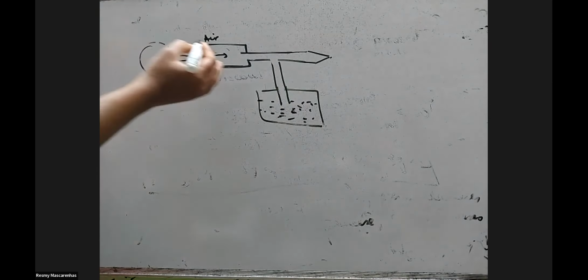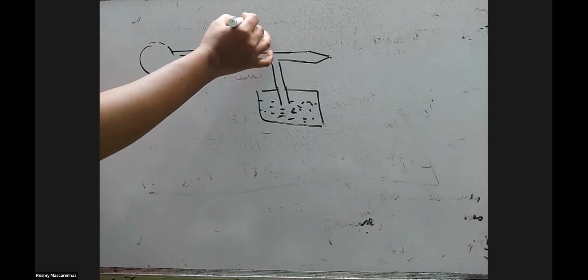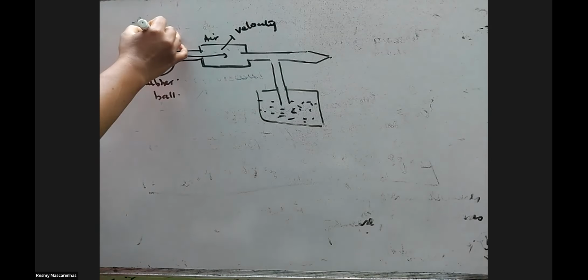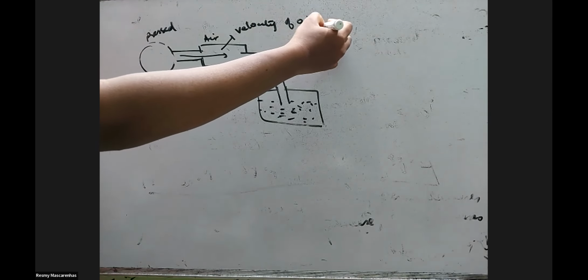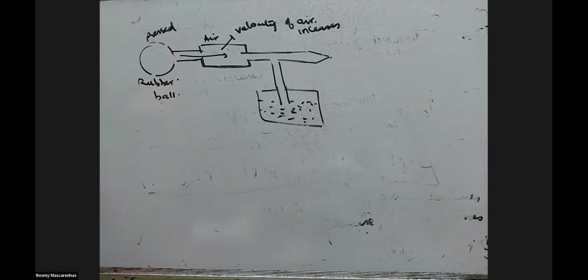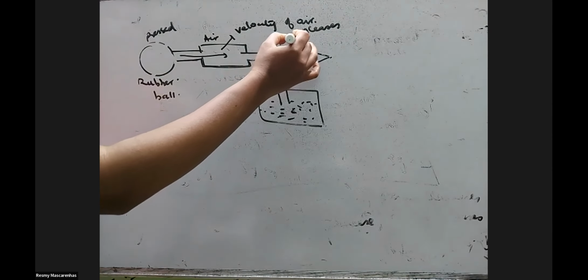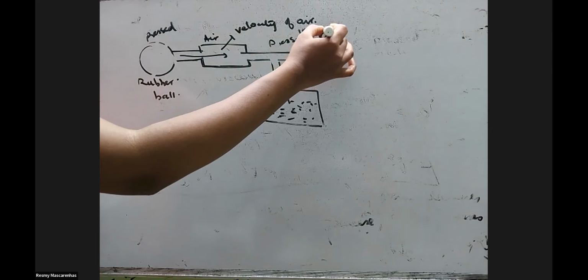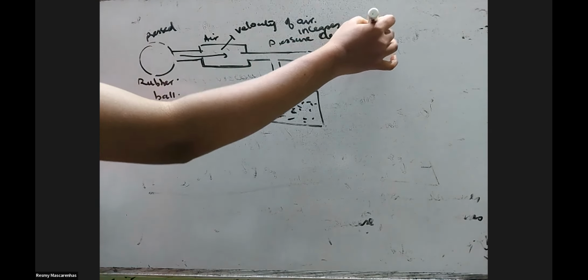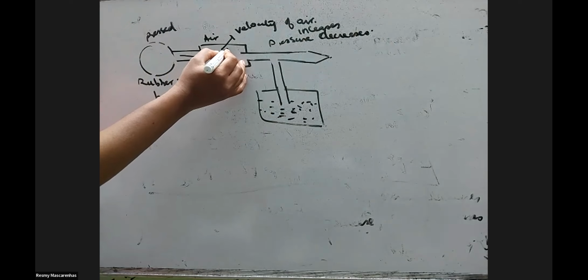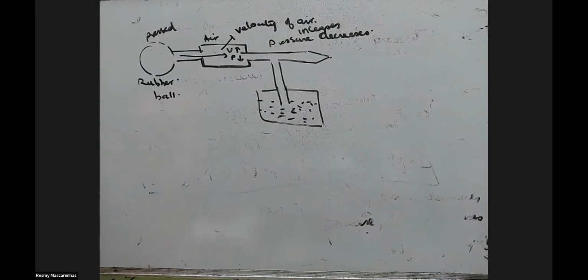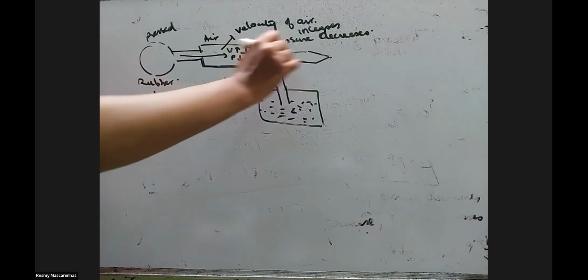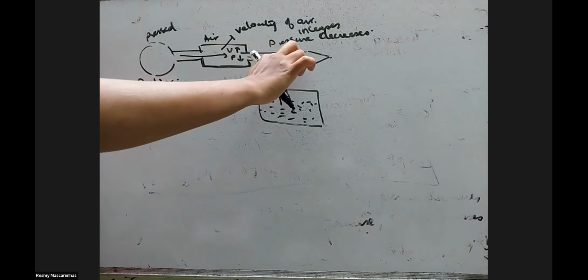Whenever this is pressed, velocity of air increases, which means pressure decreases. Here velocity is high, pressure is low. Throughout this, velocity of the air is high and pressure is low.